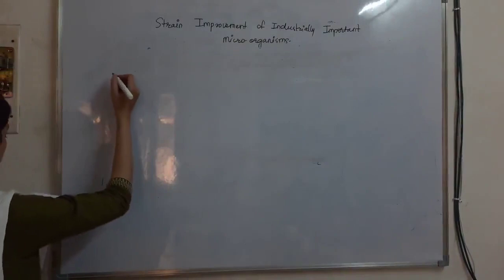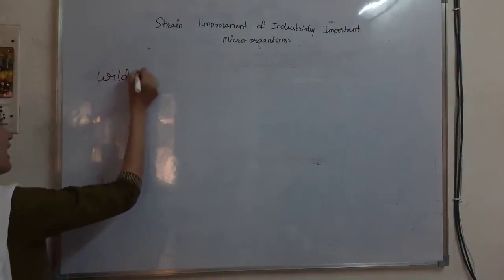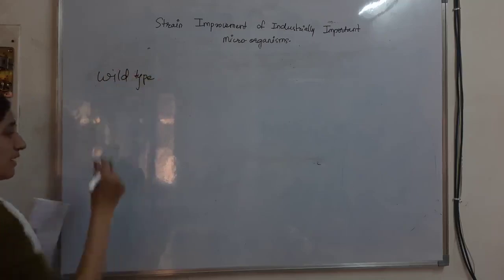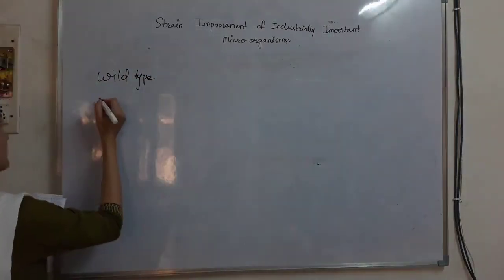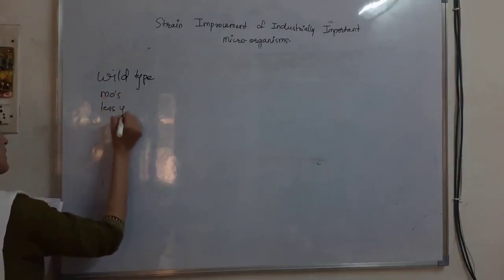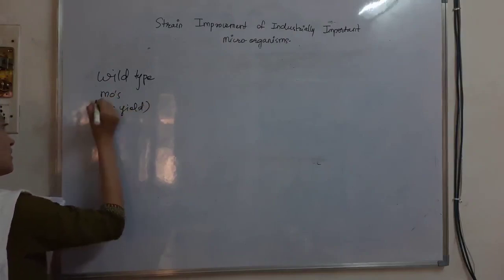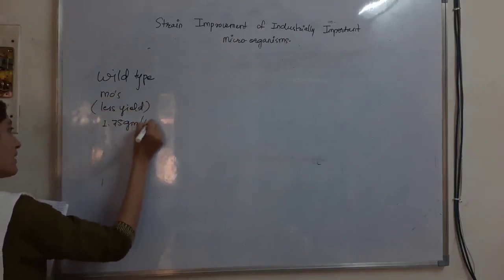So we can say that if I have a microorganism that I have isolated from the wild and it gives a certain yield, which is somewhat 1.75 grams per liter.